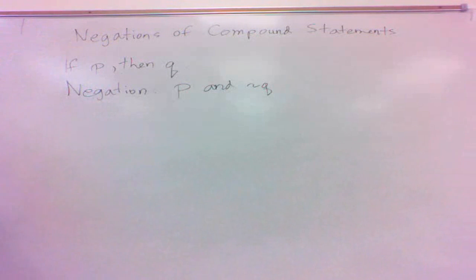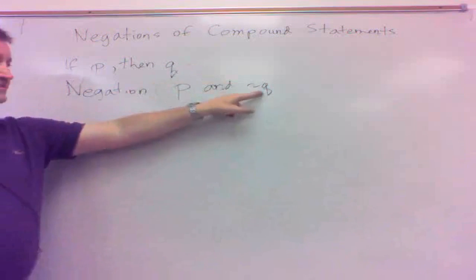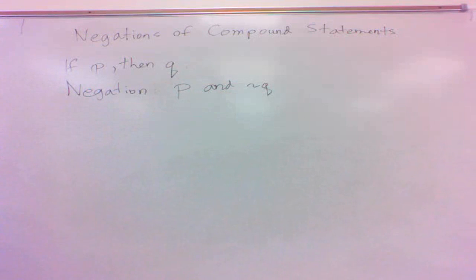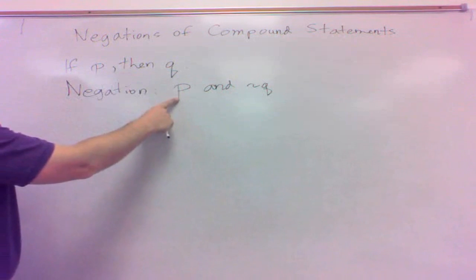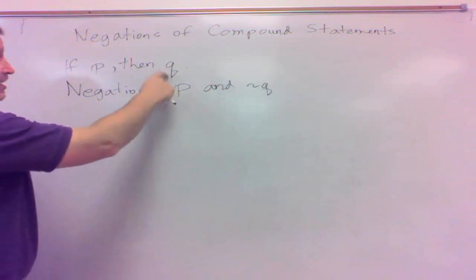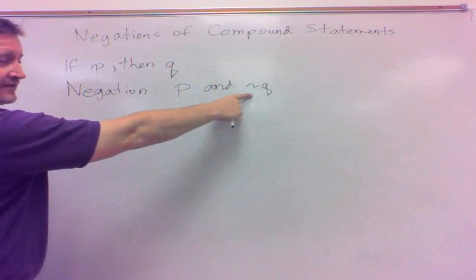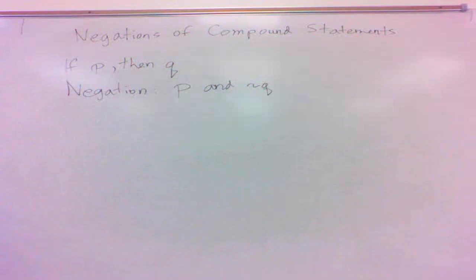The second thing is, notice I did not negate both parts. Only the second part is negated, isn't it? P there, it's P there. It's not negated. Only the Q is negated. So there's a couple little quirks about negating an if-then statement.